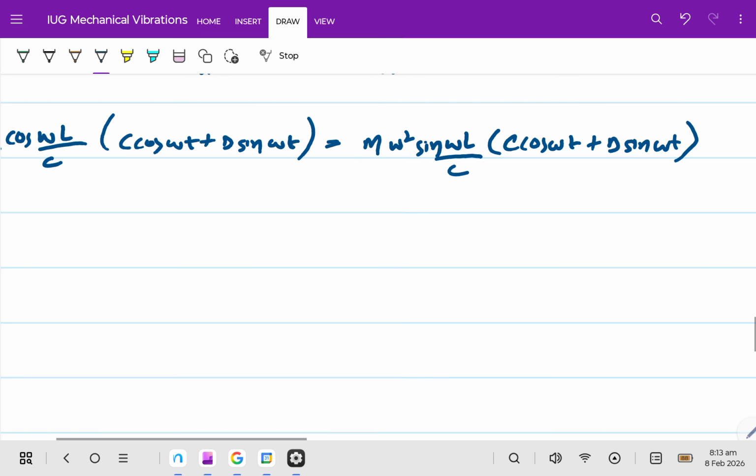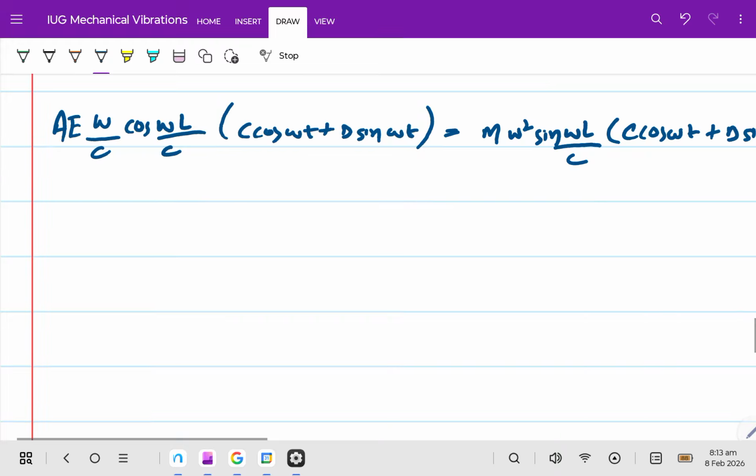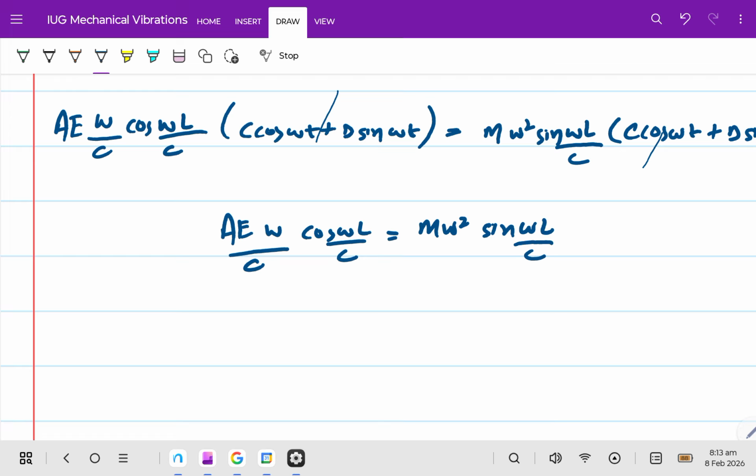If we simplify that, we can cancel out the bracket term. So we will have AE omega over c cosine omega L over c equals m omega square sine omega L over c.